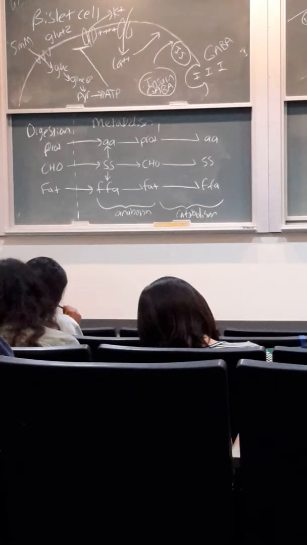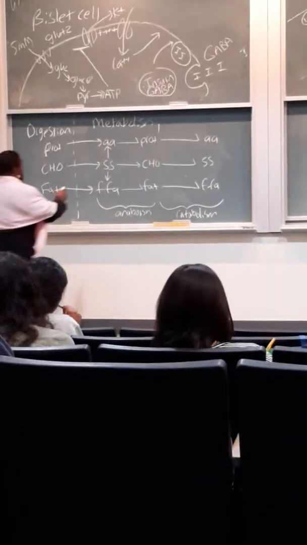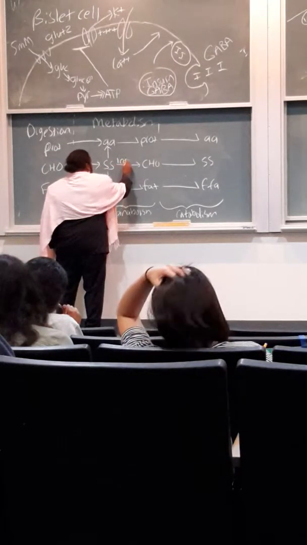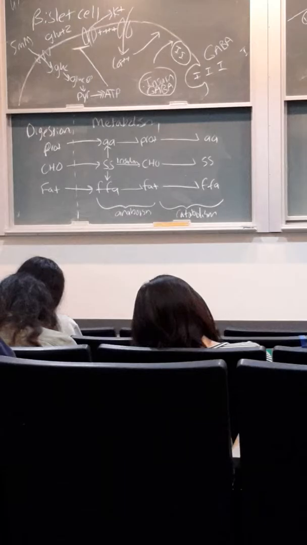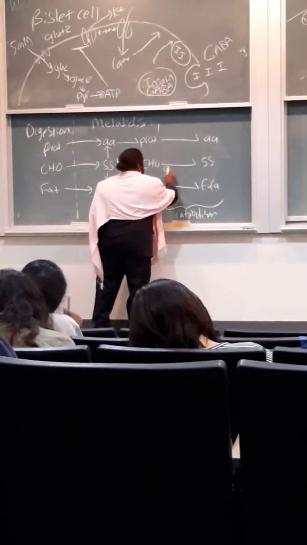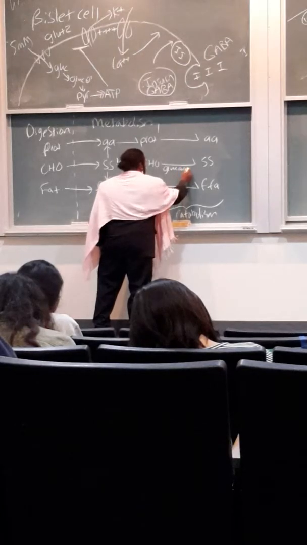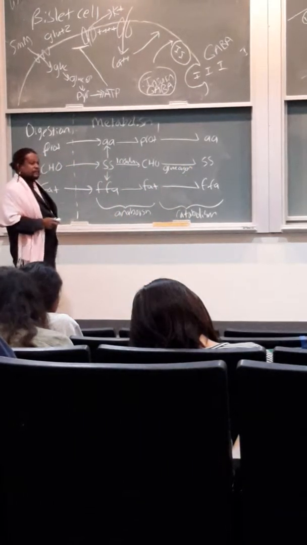So we talked about a few hormones already that are involved. You know that insulin promotes anabolism of simple sugars. You know that glucagon kind of does the opposite.